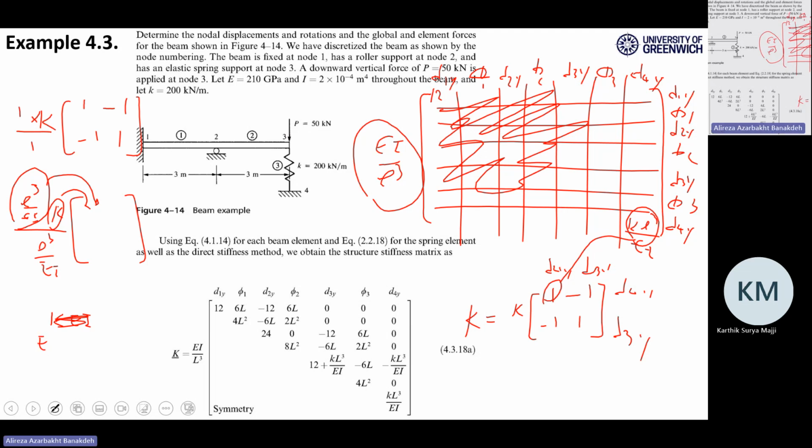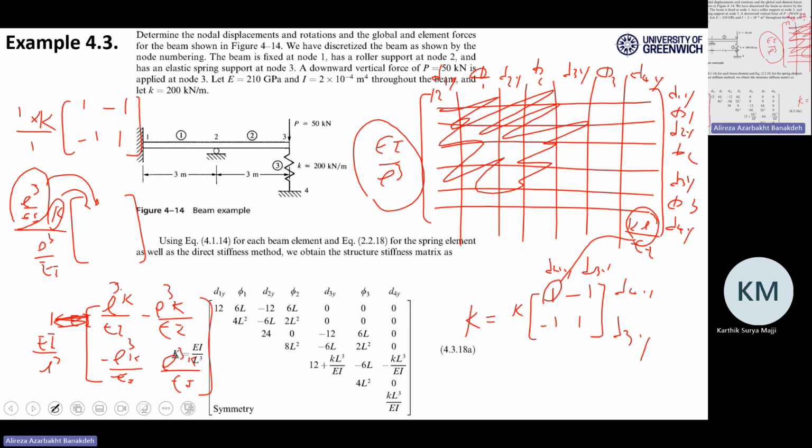The result will be EI over L cubed times a matrix with L cubed K over EI, minus L cubed K over EI, minus L cubed K over EI, L cubed K over EI.